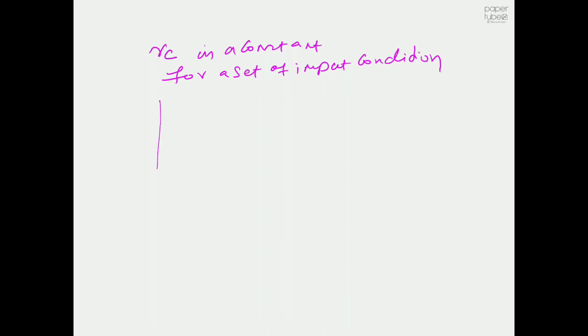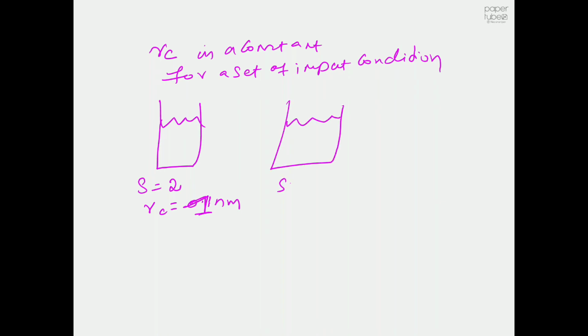So if you start with a supersaturation of 2, say RC is equal to, let's put some number, maybe 1 nanometer. If you start your experiment with an initial supersaturation of 4, then RC will be less than 1 nanometer.